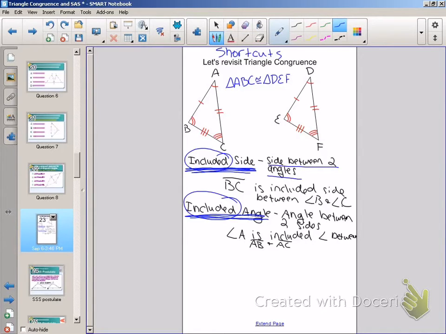The example would be side BC, right here, is the included side between angle B and angle C. The included angle is the angle that's between two sides. In this case, angle A is the included angle between AB and AC. So I'm going to be using those terms.